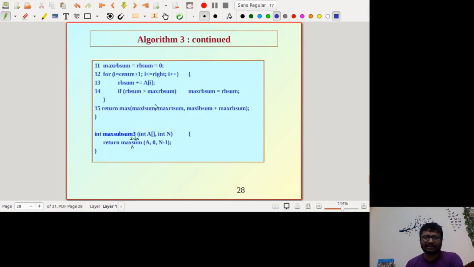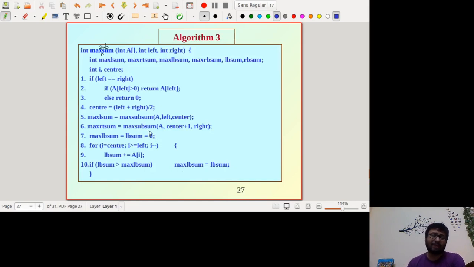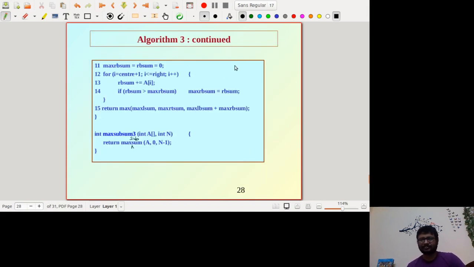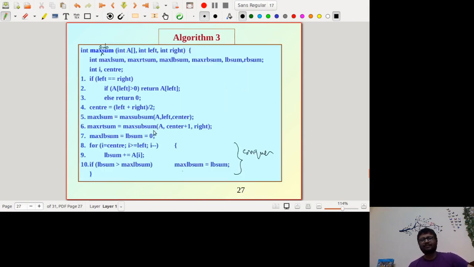So let's look at this conquer phase. How much time do you spend in this conquer phase? So this is basically the conquer phase, right? These two for loops. You start from the center and go left and right to the beginning and to the end of the array.